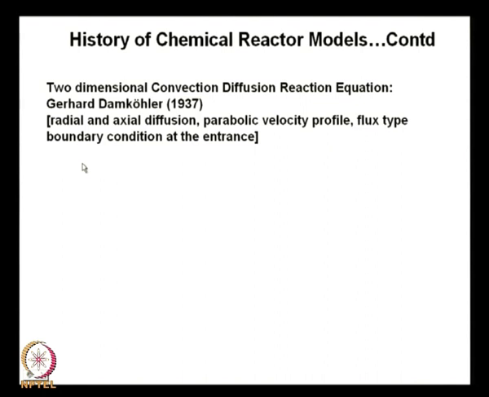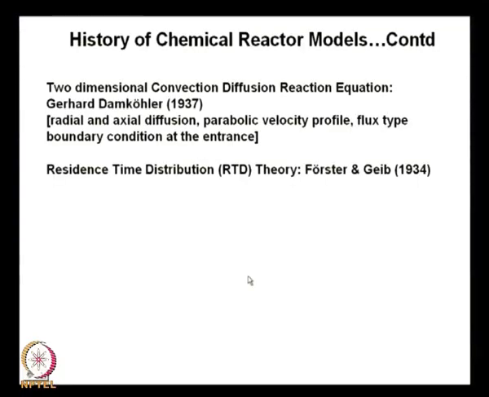So, it was the first time somebody looked at the chemical reactor in a very comprehensive way, incorporating convection, radial and axial diffusion, parabolic velocity profile, as well as flux type boundary condition, which includes both convection and diffusion effects at the entrance.